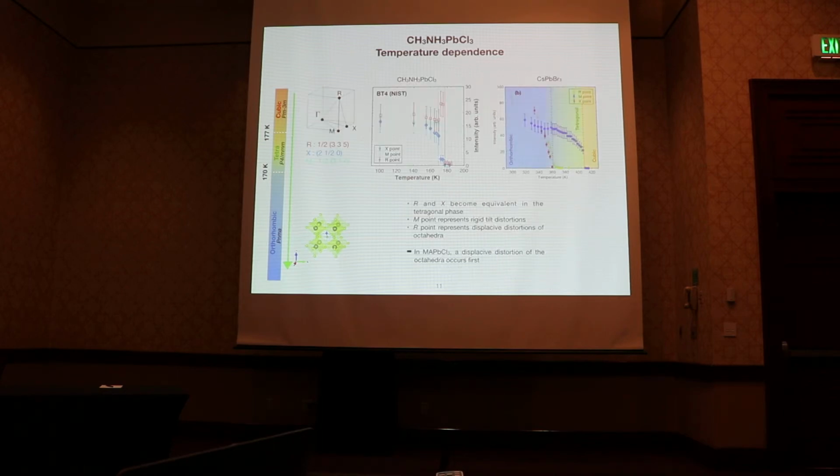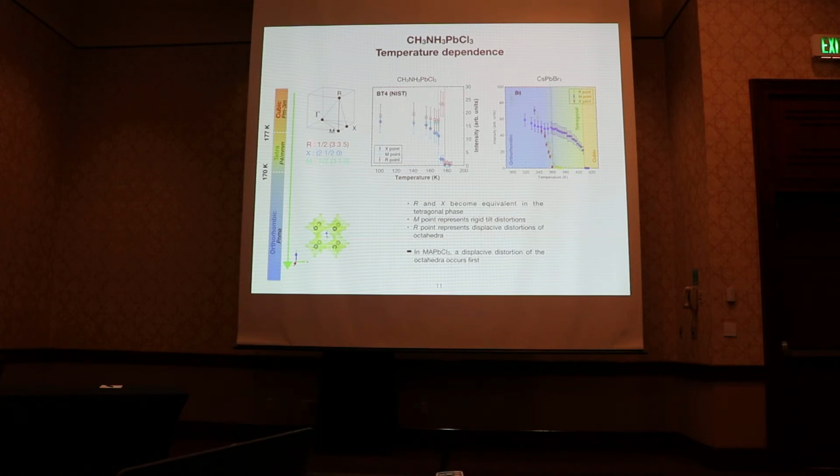So now, if we look at the elastic scattering as function of temperature, we've measured the elastic line at different zone boundaries. So what we can see is the onset of new Bragg peaks at the R and X points when we go from cubic to tetragonal phase, and then the onset of the M point at the orthorhombic phase.